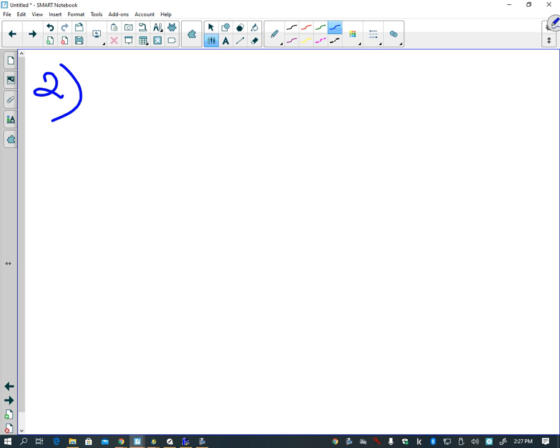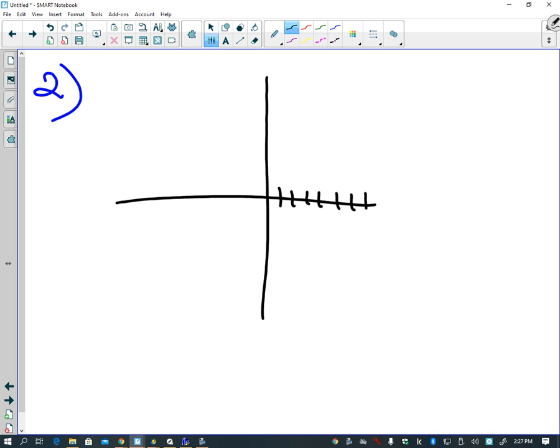Okay, let's see how good you guys are with stuff like this. They're going to give you a coordinate plane. 2, 3, 4, 5, 6, 7.